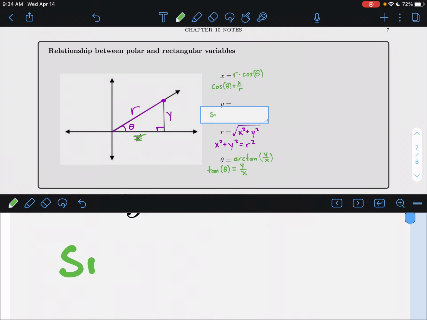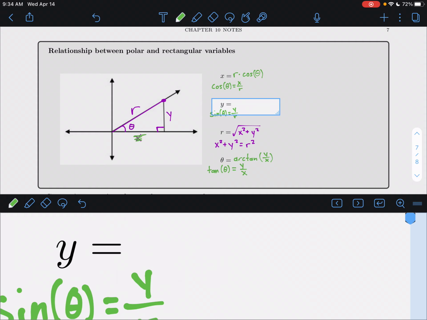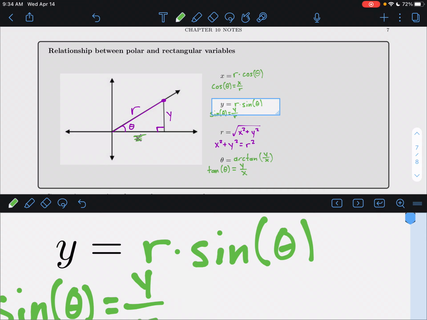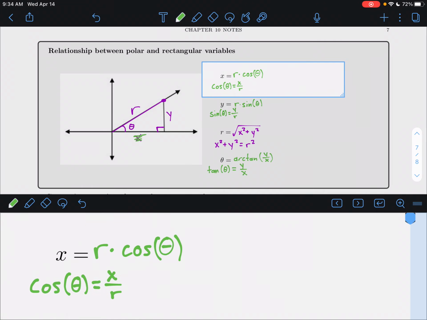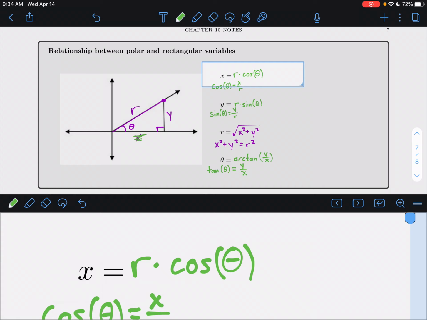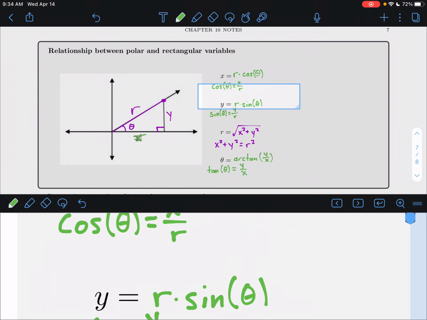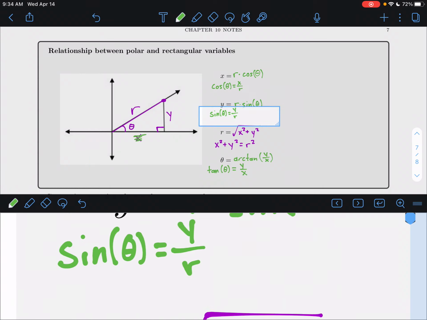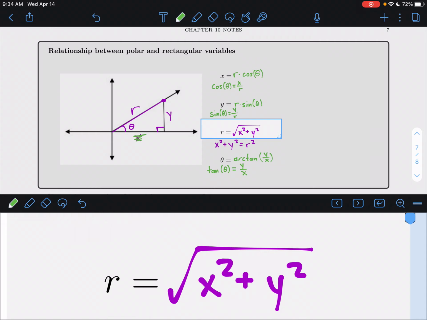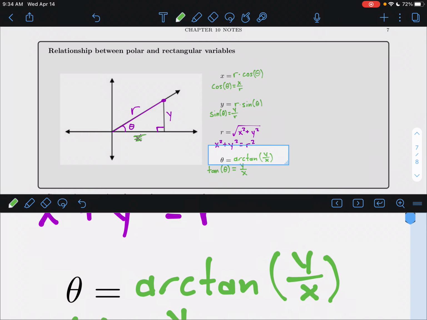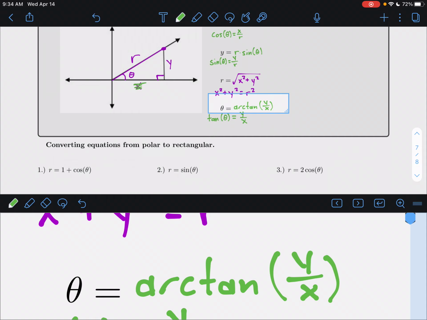So I'm able to say that the sine of theta is the opposite over the hypotenuse, so y over r. So y equals r times the sine of theta. So that's my relationship between the polar and rectangular coordinates. X is r times the cosine of theta, y is r times the sine of theta, r is the square root of x squared plus y squared, and theta is the arctangent of y over x.